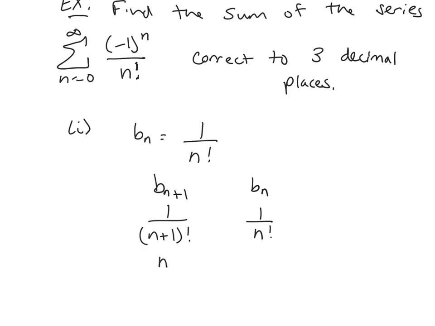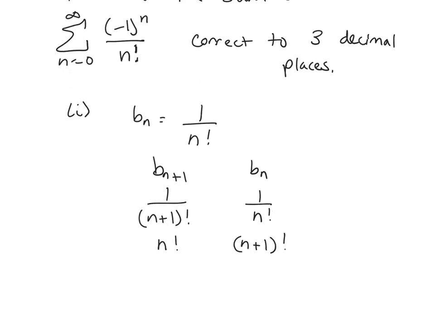Well, let's cross multiply: n factorial, n plus 1 factorial. Which one of those is bigger? N plus 1 factorial, because remember n plus 1 factorial, you can think of this as n plus 1 times n factorial. So this one's bigger. Like 3 factorial, we think of it as 3 times 2 factorial. Same idea here. So I've established that the b sub n's are decreasing.